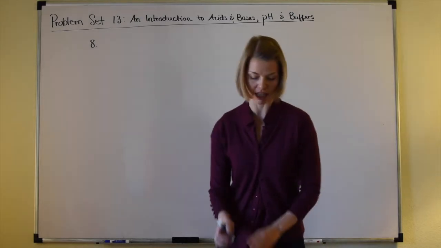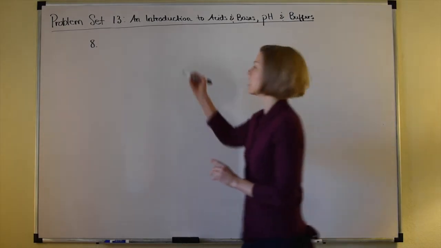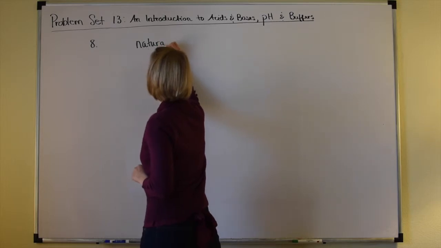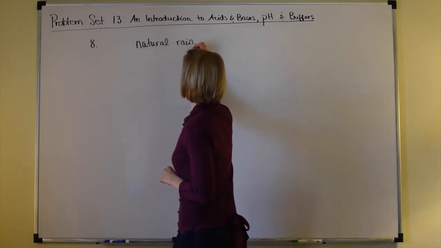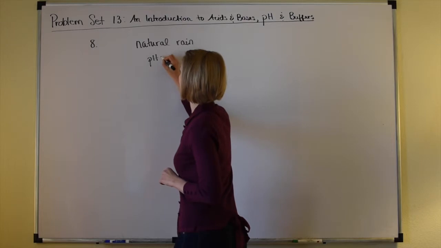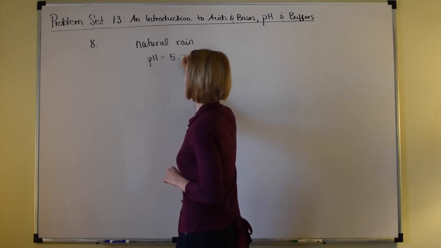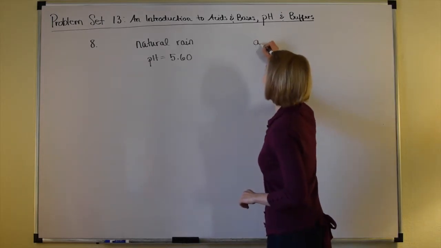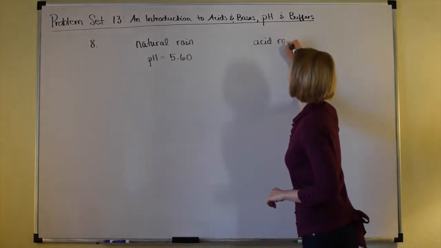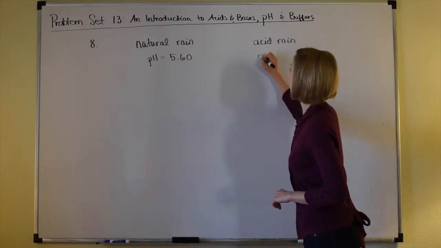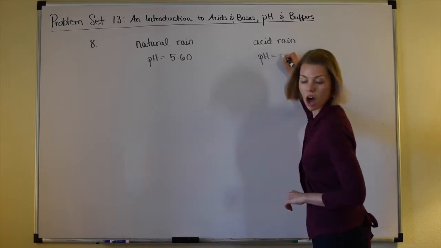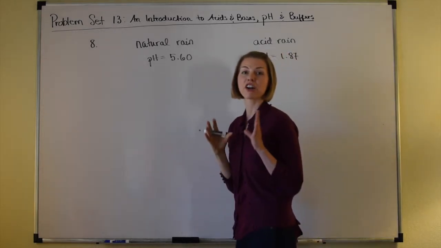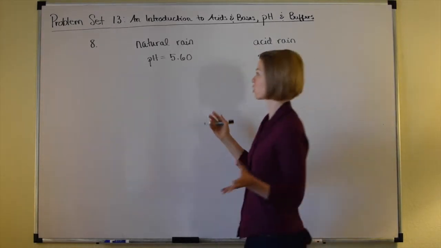So we have natural rain with a pH of 5.60, and we're comparing that to the acid rain that fell in Scotland with a pH of 1.87, and we want to compare the hydronium ion concentrations.